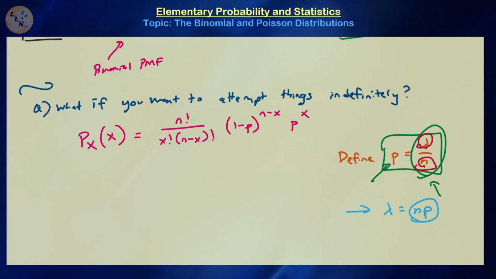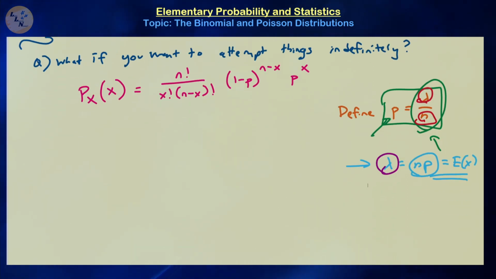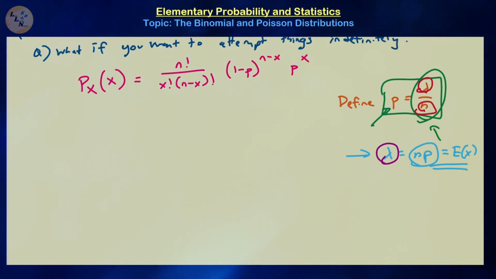And remember what n times p was: the expected value for a binomial random variable. So lambda by itself represents the average number of successes in a sample of size n. This little substitution of p equals lambda over n has a lot of interesting things going on with it.